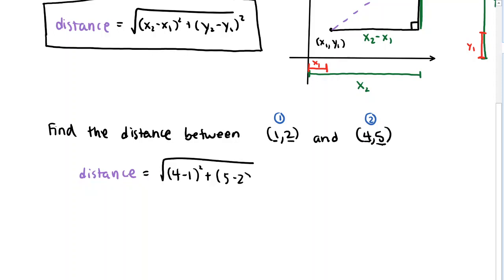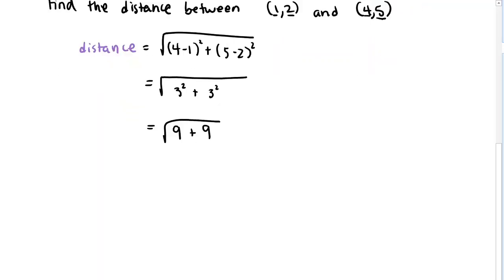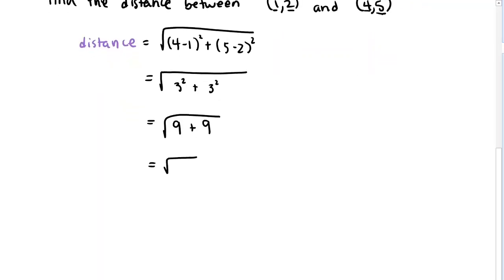So this is the square root of, well, 4 minus 1 is 3, and 5 minus 2 is also 3. And so 3 squared is 9, 3 squared is 9, we add those and then take the square root. So this comes out to be the square root of 18.